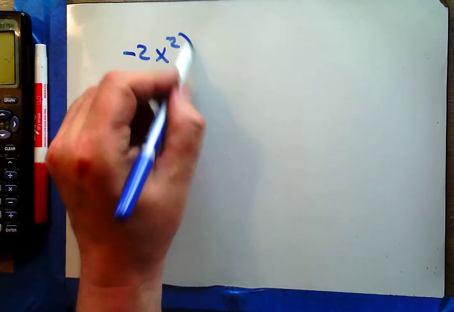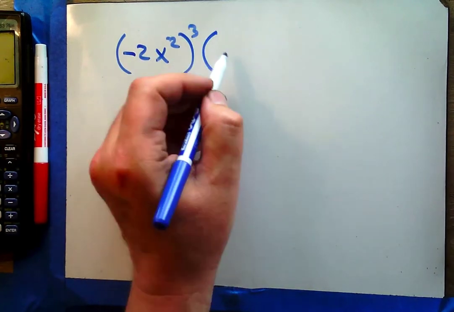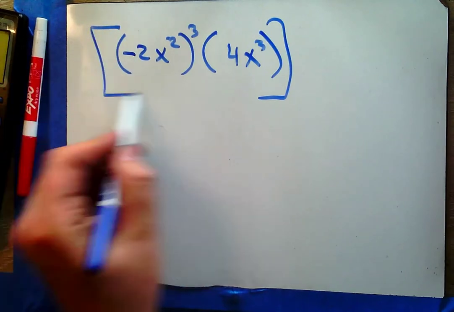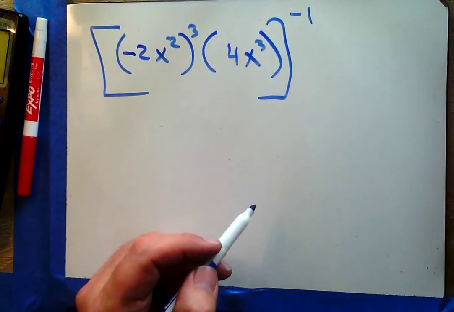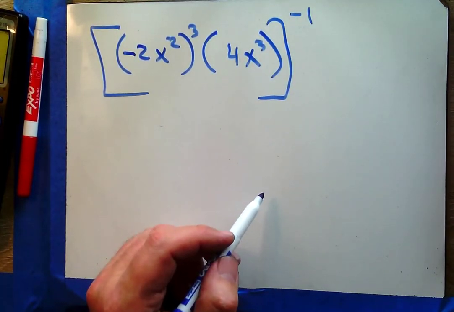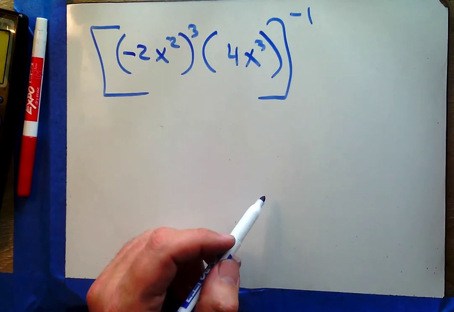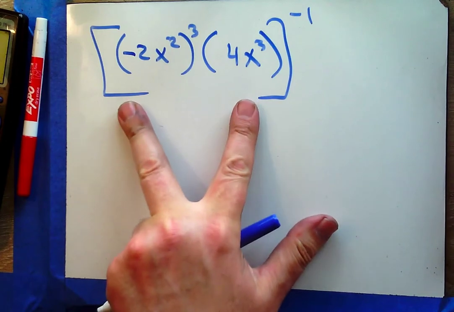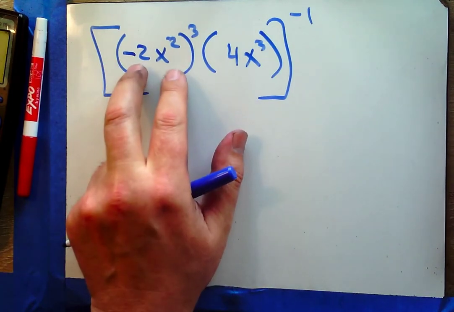How about negative 2x squared to the third times 4x to the third to the negative 1. So what would you do here? Well, PEMDAS says I need to work inside these brackets first. In fact, I need to work over here first.